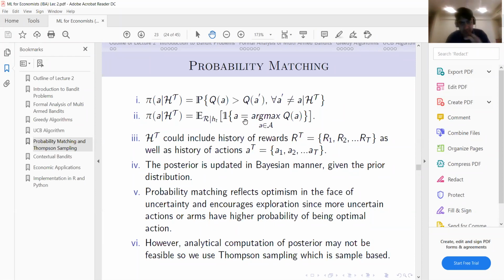This second expression is just the same thing.